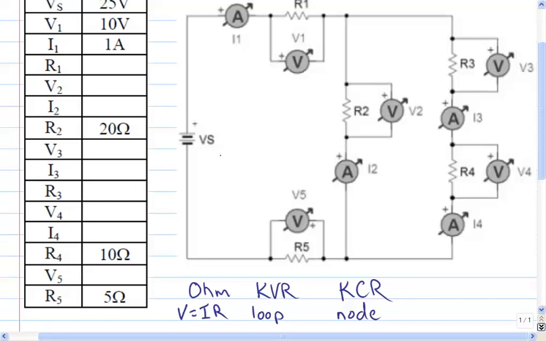We look at the loop. So if I look at a voltage gain, like a source over here on the left, that would be a positive voltage in the loop, and voltage drops would be negative voltages.